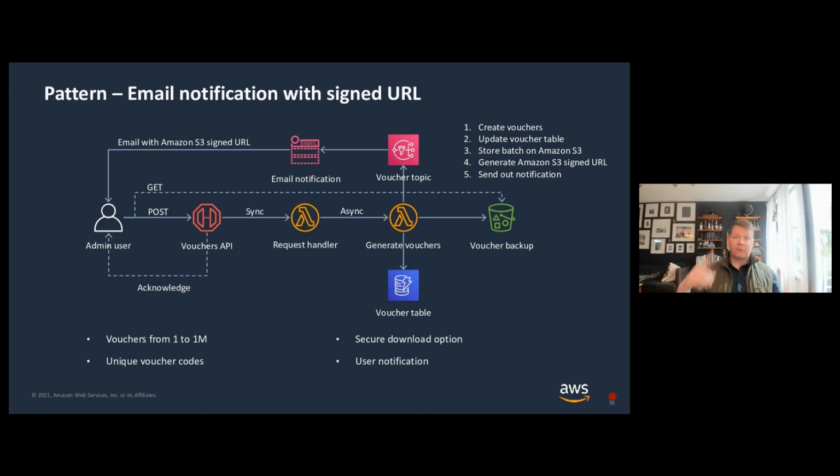And then once that generate voucher function completes, it shoots a quick note into the SNS voucher topic, and that fires out an email to the admin user and says, here is your secure bucket with your million coupon codes. Email these off to whoever you see fit. And then the admin user Slacks or emails back, or however they need to communicate that URL to the S3 bucket, and off they go.